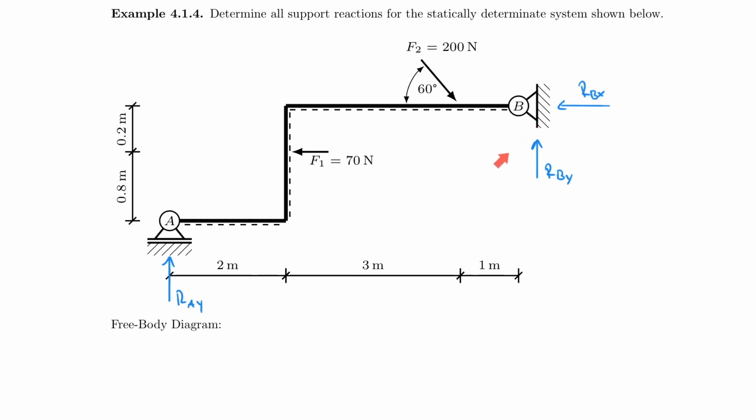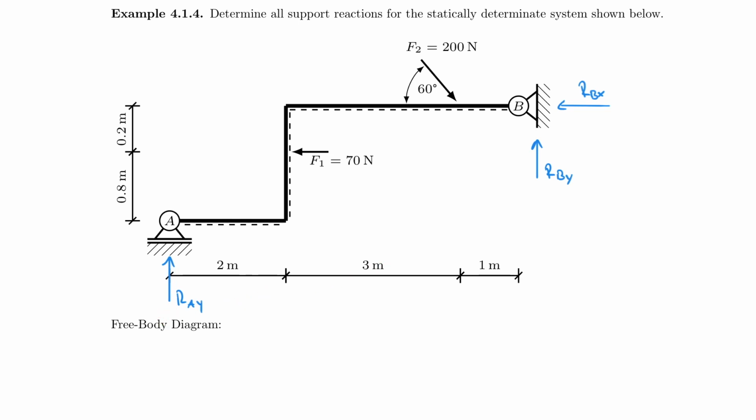And I'm not going to tell you which one right now, but you will find that if you solve, for example, for the sum of the moments about this point, you have two unknowns that enter the equation. You have RBY and RBX that rotate about this point. If you rotate about this point, you only have one unknown here.